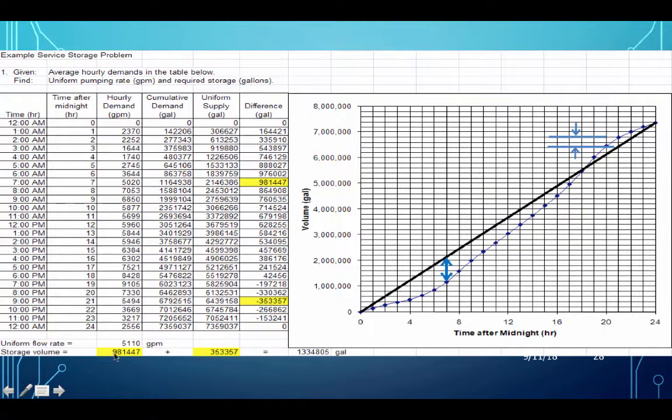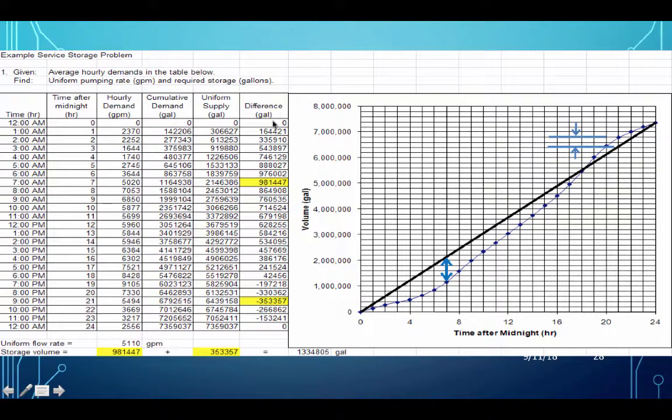It turns out a uniform flow rate of 5,110 gallons per minute would produce this black line. Essentially, the slope of that line is 5,110 gallons per minute. Then we'll go ahead and accumulate the uniform supply. So that's this column. Same arithmetic as for this column, but working on different flow rates.